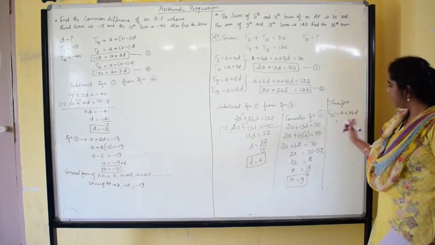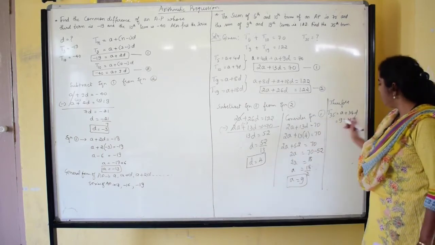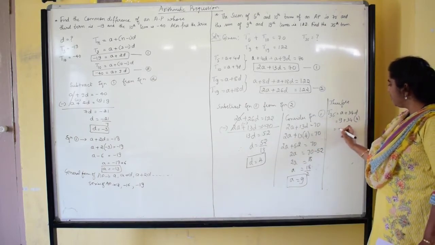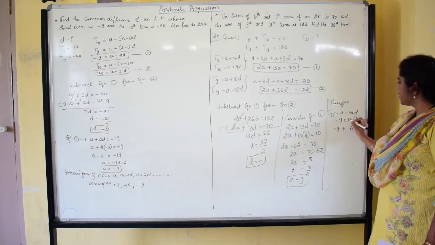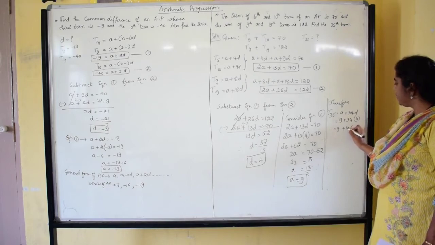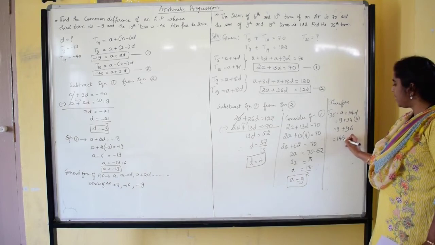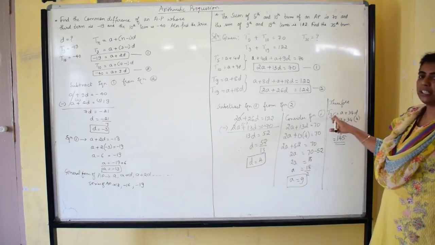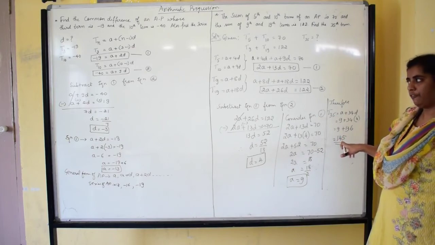What is a? 9 plus 34 into d, which is 4. So 9 plus 4 fours are 16, 4 threes are 12 and 1 is 13, so 136. So 136 plus 9 is equal to 145. Therefore the 35th term of the AP is 145.